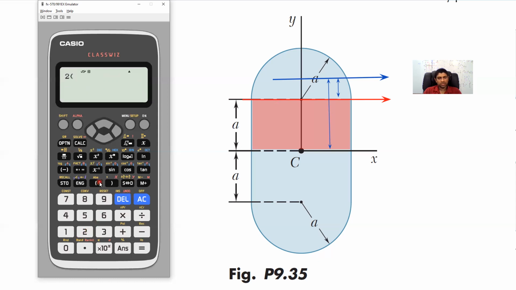Again 2 times 1/12, now the base and h are interchanged.